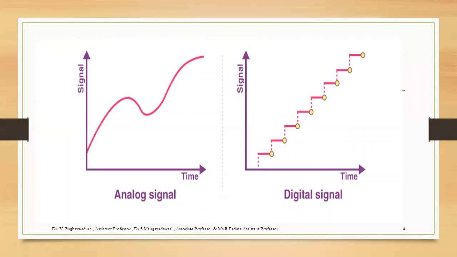The first diagram shows the analog signal. The second diagram shows the digital signal. The analog signal consists of waves. Digital signals have discrete values. It takes one value at a time from the finite set of values.